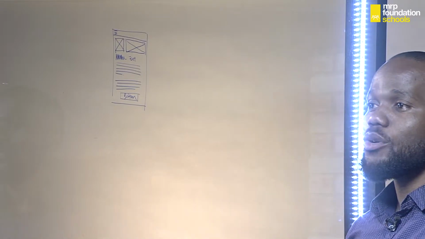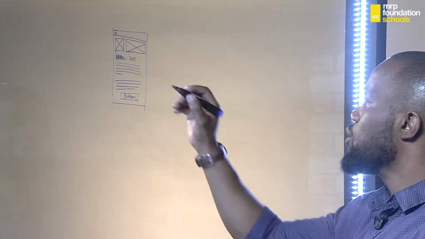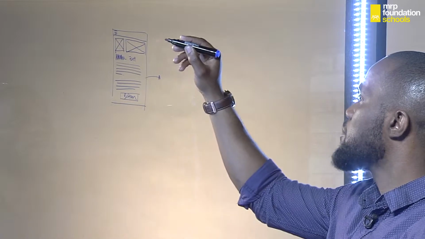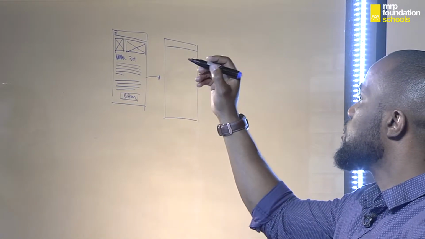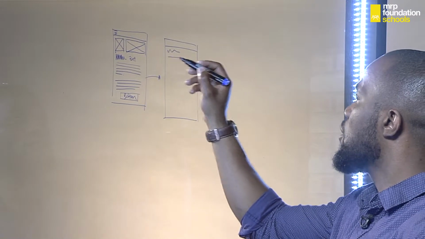You can create one which is actually higher fidelity, and that one can allow you to also create interactions. So you can make links from one page to another page, but still within this format of having your simple way of visualizing anything that you're doing.